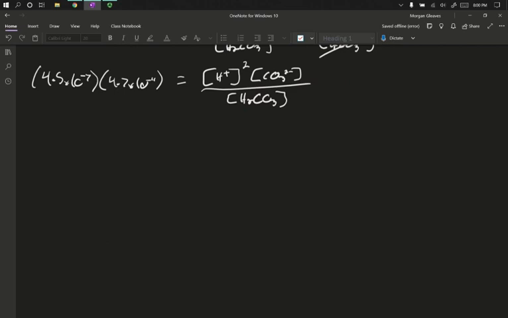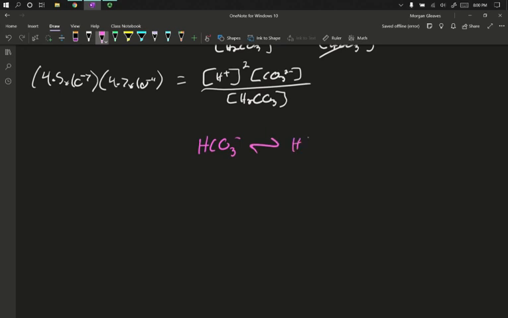We're required to combine the two different equilibria that bicarbonate is engaged in. At the moment, however, we have three unknowns. So how do we simplify this down to something that we can solve? Well, anytime our bicarbonate was to break apart and make some H+ and CO3 2 minus, that H+, where's it going to go?